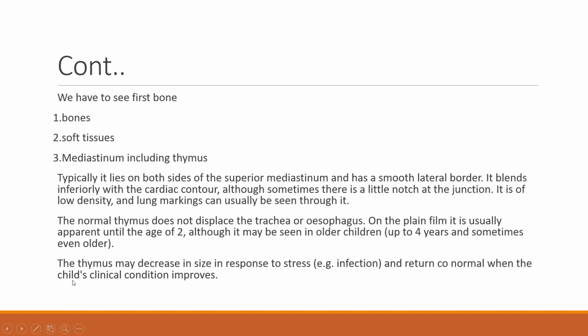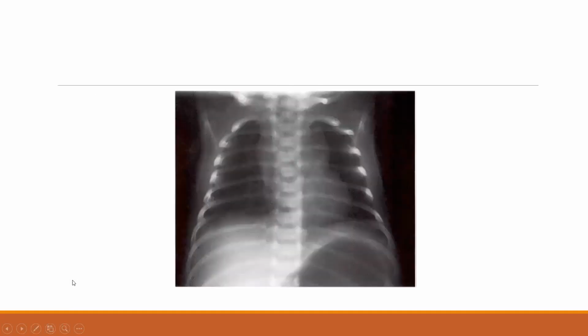So I just write the same things that I say. And what is this? Say this is an X-ray of a 2-year-old boy. From this X-ray, what do you think?